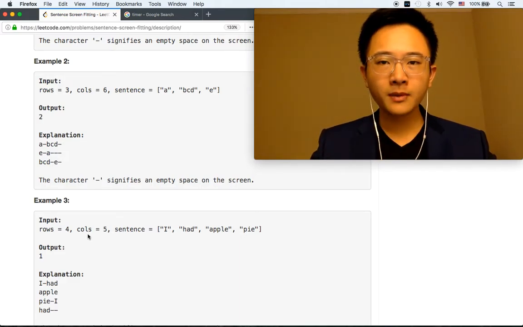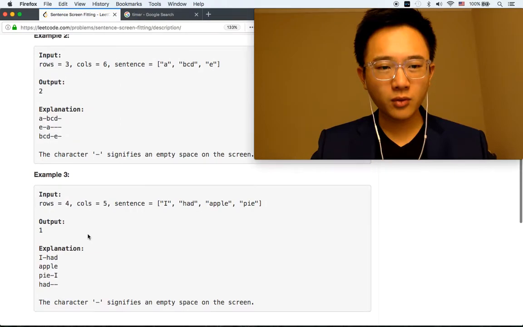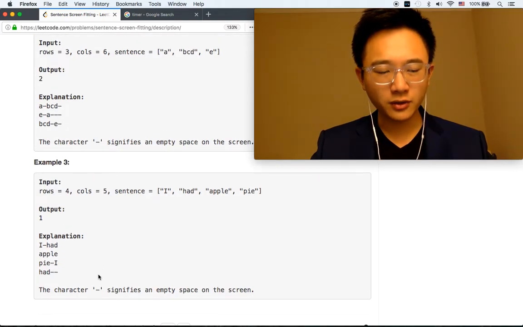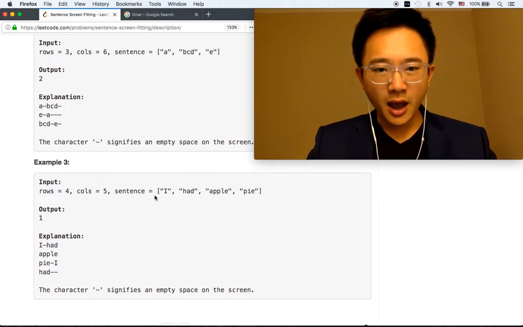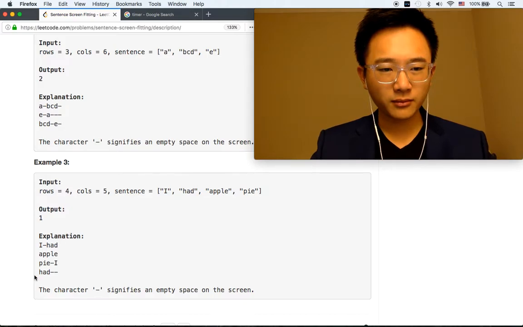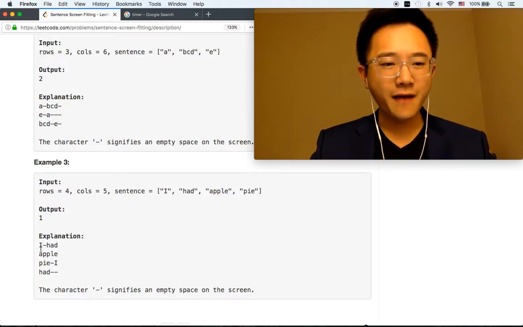So say we have rows 4 and 5, so each row has 5 columns, so it should have 5 spaces. And we put I had apple pie, pineapple, pen. Okay, I have apple pie, I had space, right?